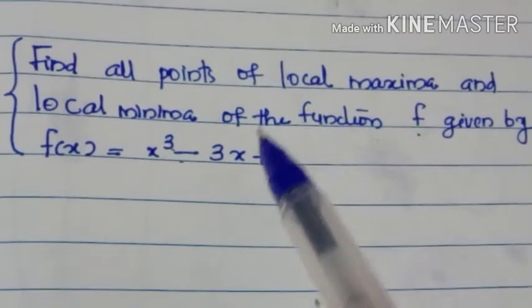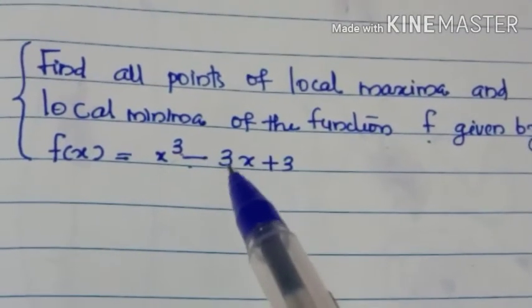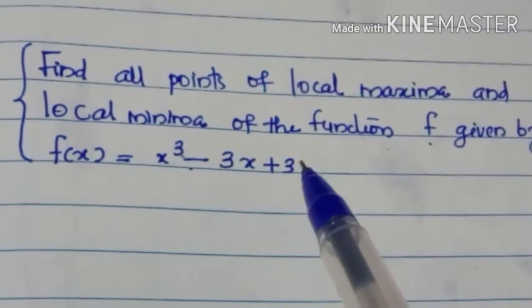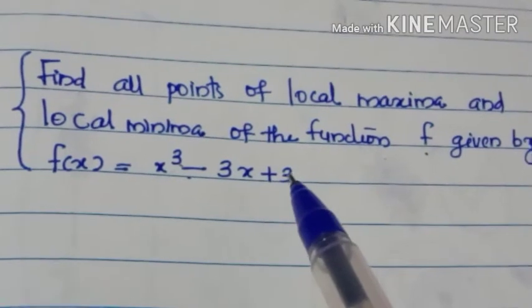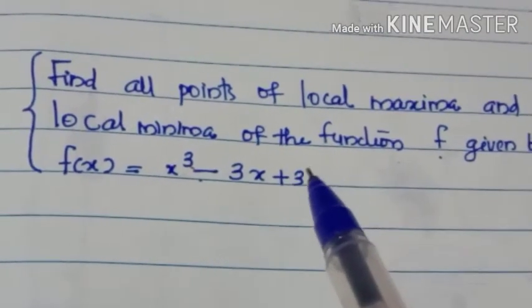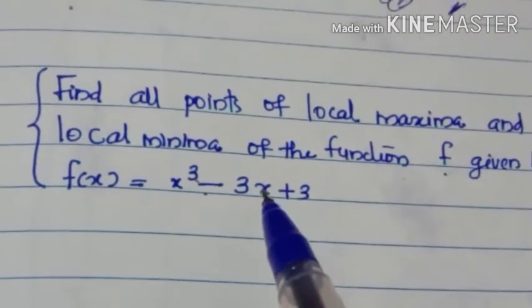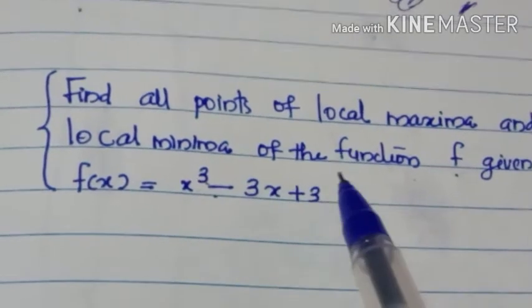When a question plainly says find local maxima or local minima, you can go either by the first derivative test or by the second derivative test. Now we only start with the first derivative test, so go with that.